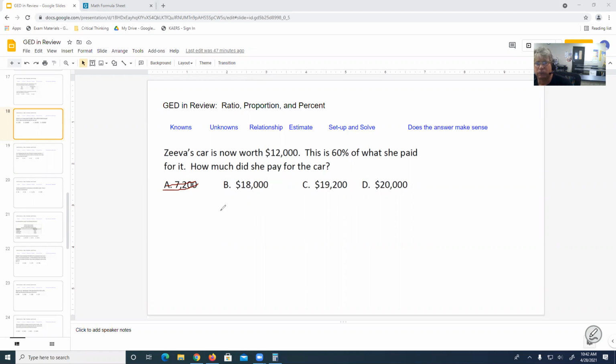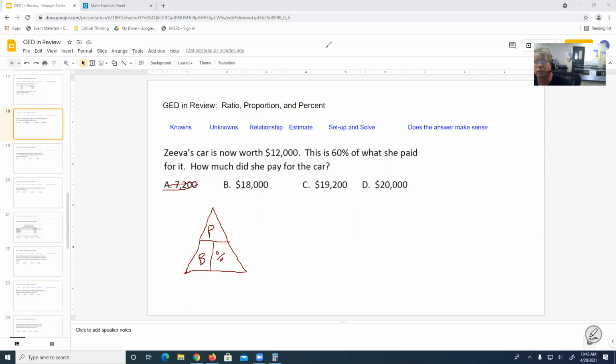Now, in doing percents, one of the ways we can do it is we have what's called the triangle model as a strategy. In the triangle model, there's 3 parts to a percent problem. There's what's called the part or the portion. There's also what's referred to as the whole amount or the base amount, or sometimes it's referred to as the initial amount, the beginning amount. And then we have what's referred to as the percent.